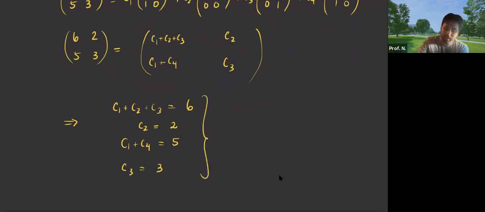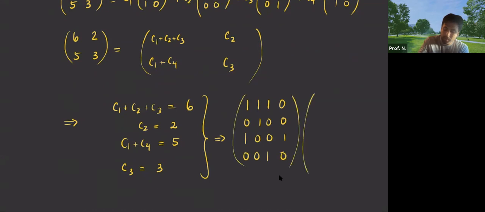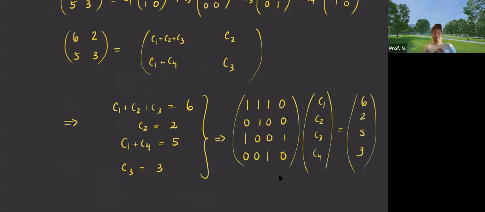And then I can create a matrix equation from here. This is 1, 1, 1, 0. This is 0, 1, 0, 0. This is 1, 0, 0, 1. This is 0, 0, 1, 0. This is being multiplied by C1, C2, C3, C4. And then this becomes 6, 2, 5, 3. Right?